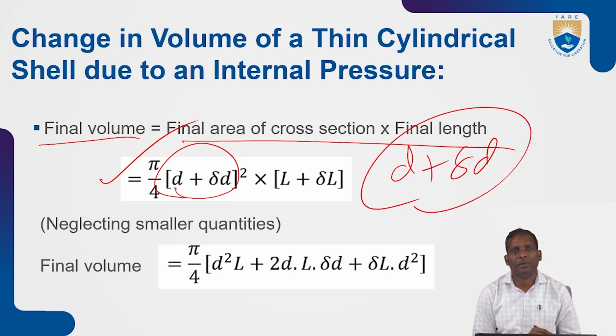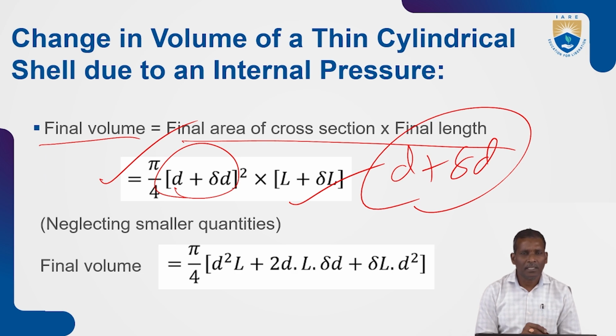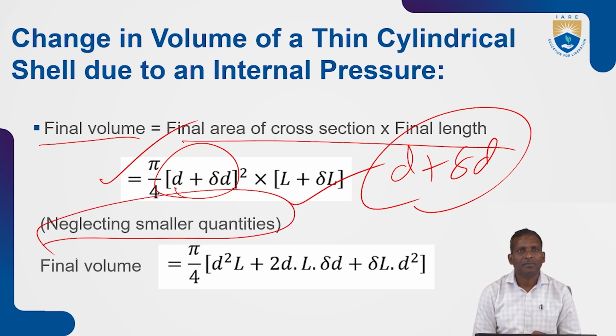Substituting this area of cross section and the final length, and neglecting the smaller quantities, the final volume is pi by 4 into d square L; expanding this gives 2d into L into delta d plus delta L into d square.